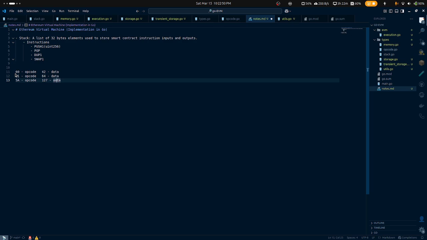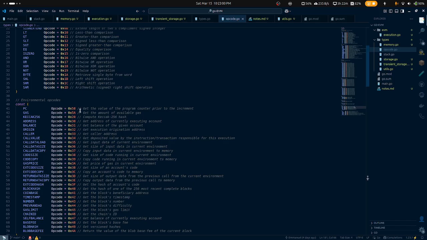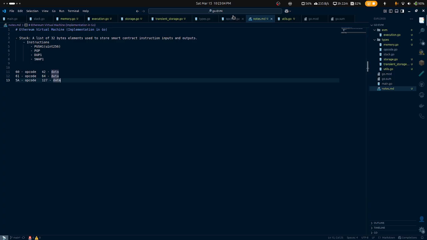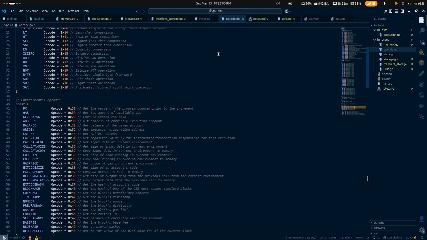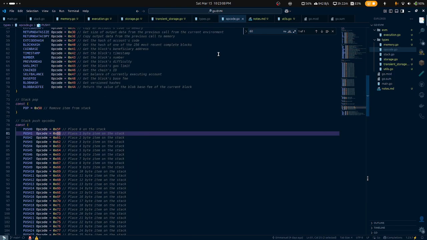So what an EVM would do, I'm just giving an illustration, is get the first opcode, right? So here we have 60. Our opcode is 60. If we look through our list of opcodes for 60, you see that 60 is the push one opcode. The push one opcode places a 1 byte item on the stack.